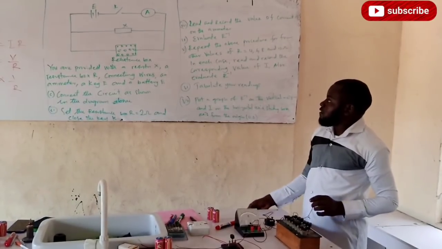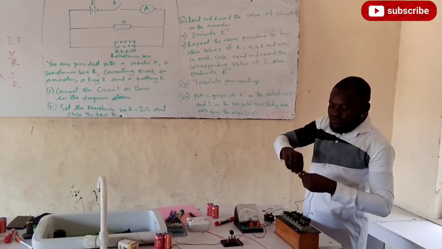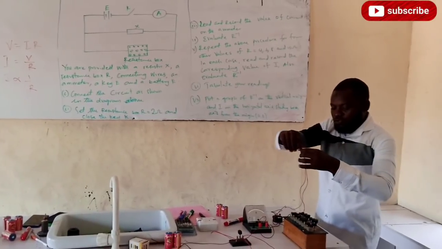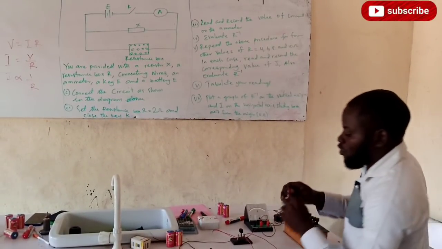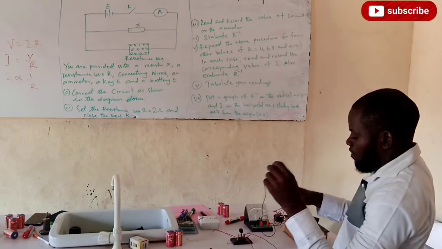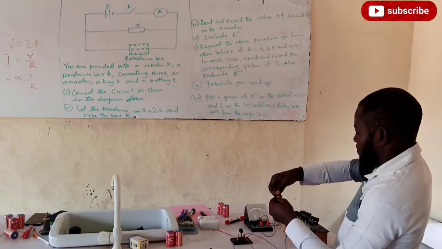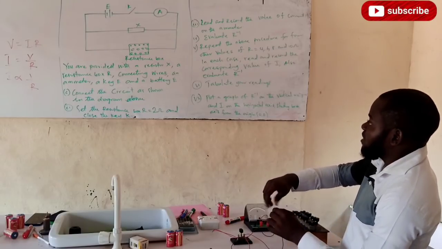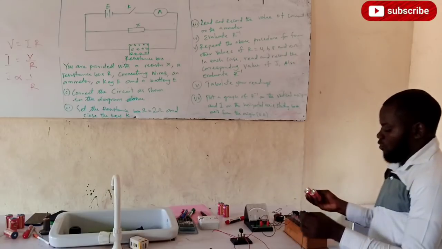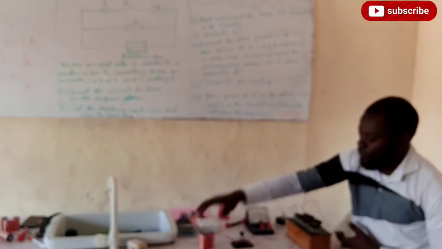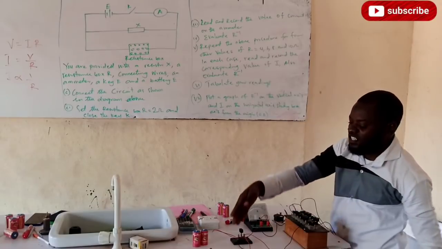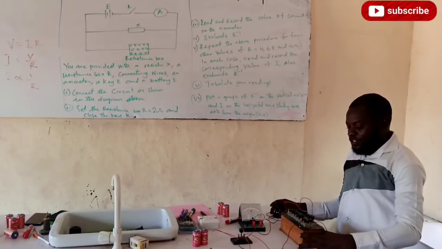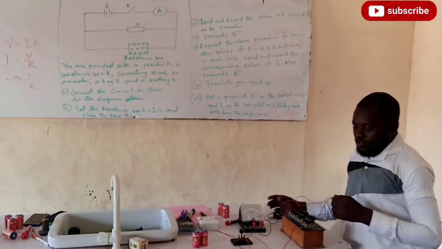Then we have the positive terminal of the resistance box connected to the positive terminal of the key, the one going through the cell. So we are done with our connection now. If you look at it, the cell, the key, the ammeter, then we have our resistance X parallel to the resistance box.